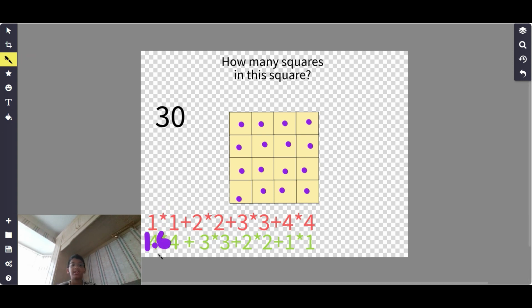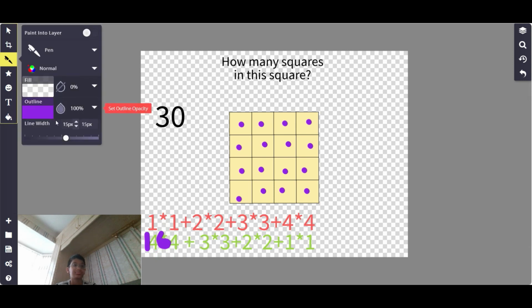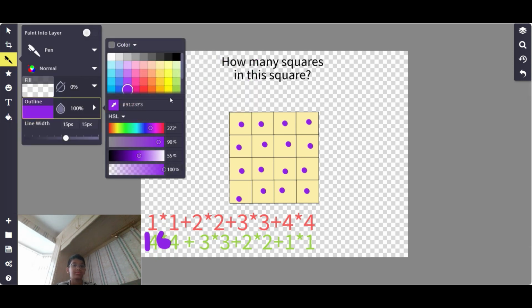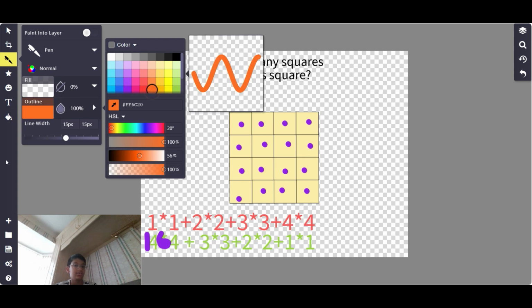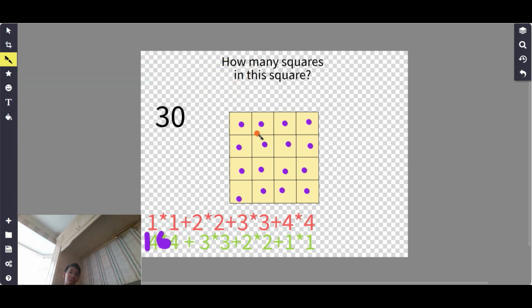How many 1 by 1 squares are there? 4 times 4. Then, this time, how many 3 by 3 squares are there?